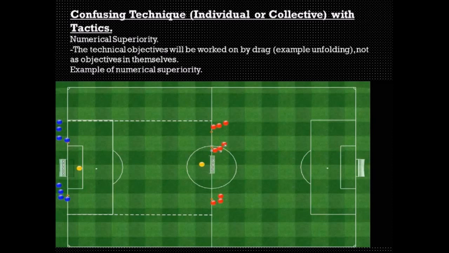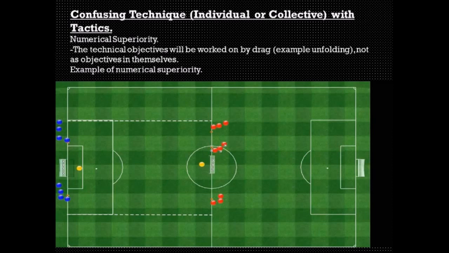The technical objectives will be worked by dragging them. So since we're working the supradimensional tactical principle, we're always going to touch different technical aspects or skills that our team is going to carry out, okay.